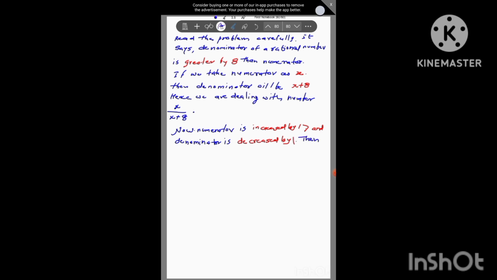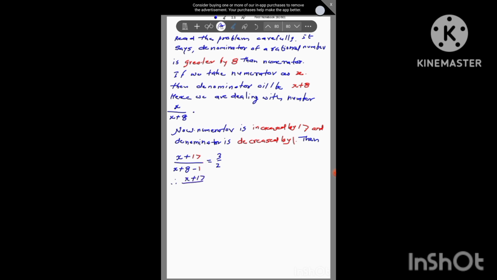Then what we get is x plus 17 divided by the denominator x plus 8, subtract 1 from this, and this number will be 3 upon 2. So we got the equation. Let's solve it.